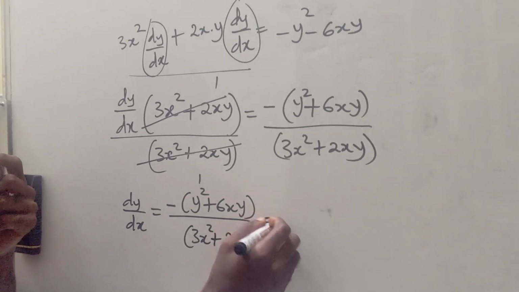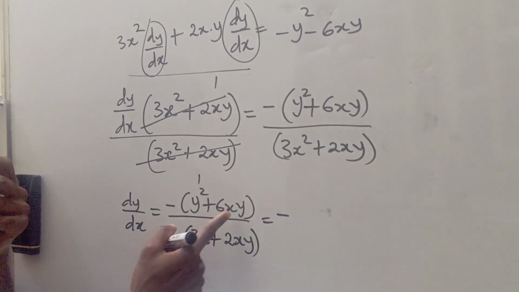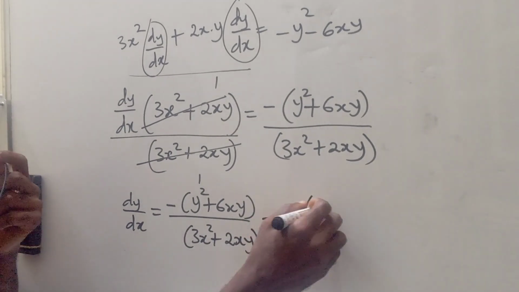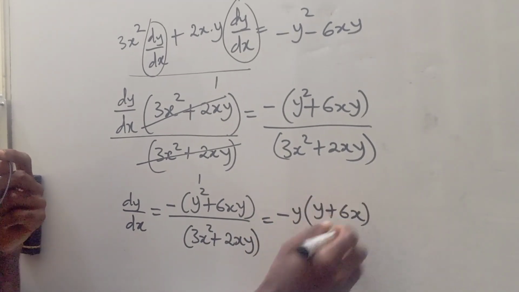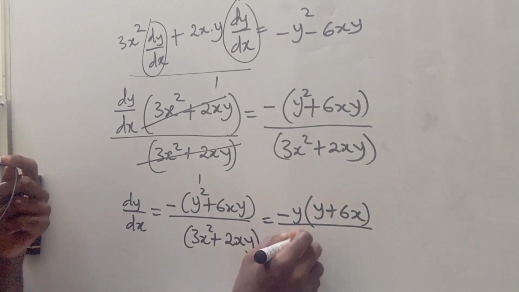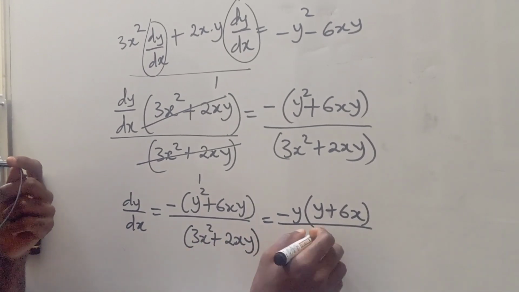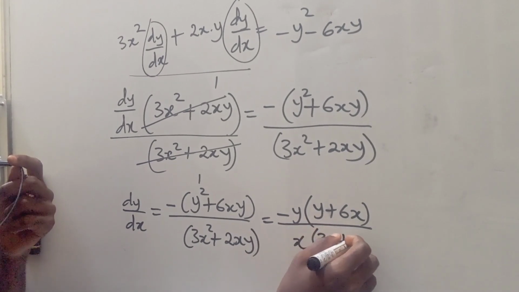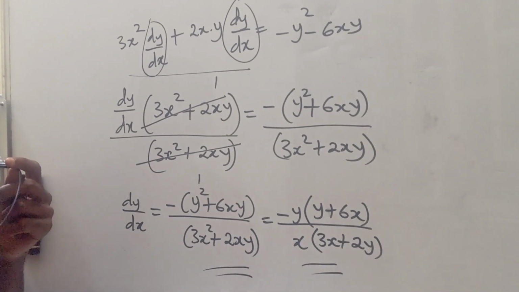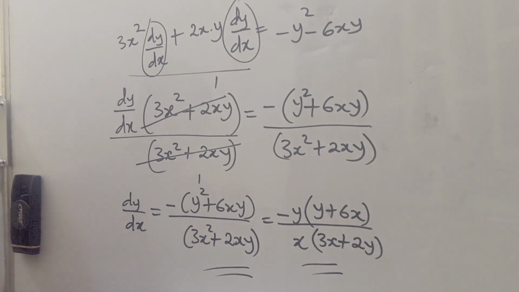Now I can further write this as minus. Y is common here, so we bring out y. So I will have y plus 6x divided by, what's common here is x. If I bring out x, I'll be left with 3x plus 2y. So either this or this stands as the answer to this question.